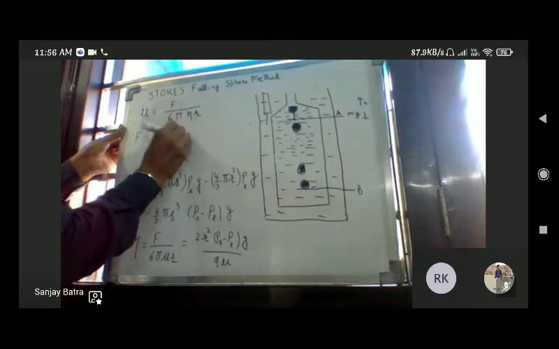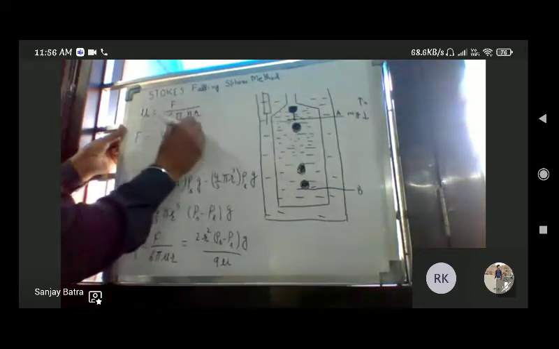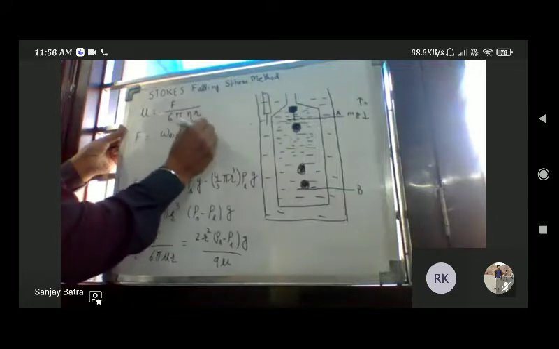This is the weight of a sphere in the air, and the weight of the sphere in the liquid.